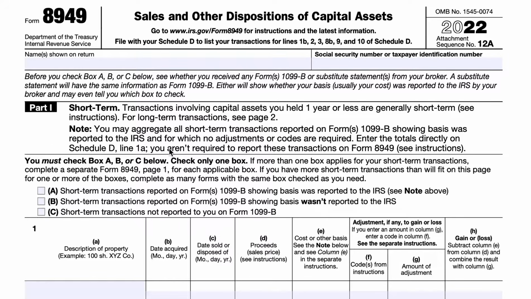Estates and trusts would use this form in a very similar manner as individuals.